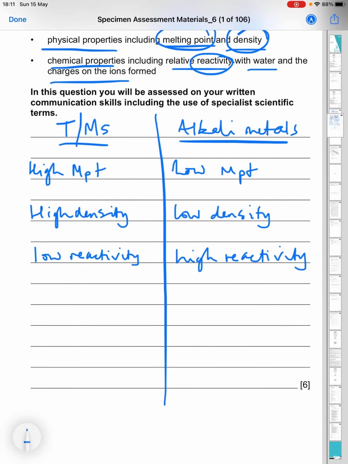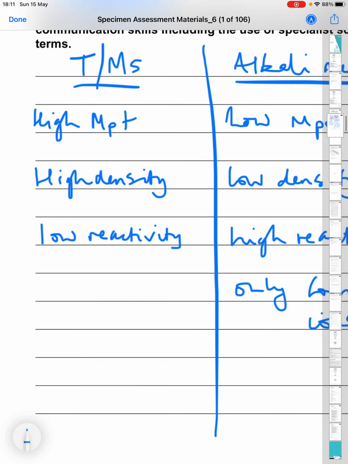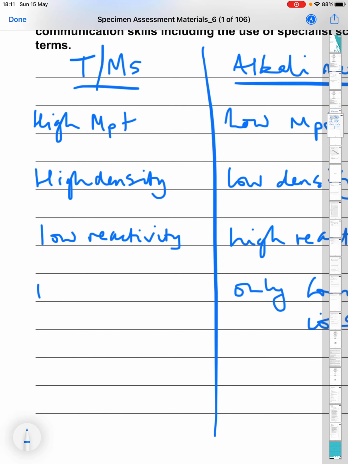So it's reactivity with water. And then the charges on the ions formed. Of course the alkali metals only form +1 ions. That's all they can do. Whereas the transition metals, as you know, the ions can have different charges.